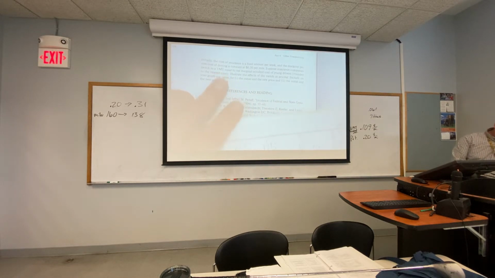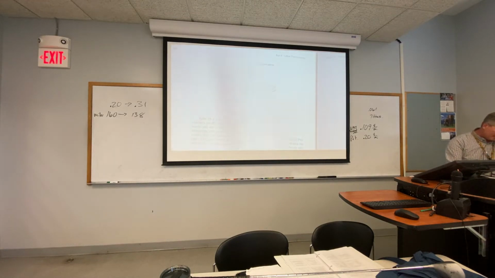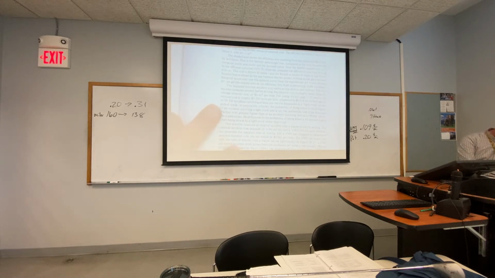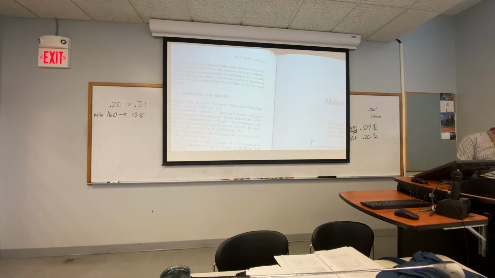Jonathan looked it up in the previous chapter. What page was that, Jonathan? It's on 301, about halfway down. All right, so 301, about halfway down. For young drivers, the external cost is roughly 0.0109 per mile. So the external cost being when they get into those types of issues.